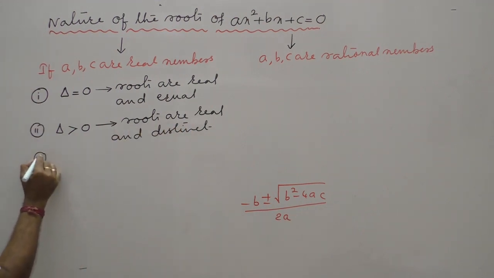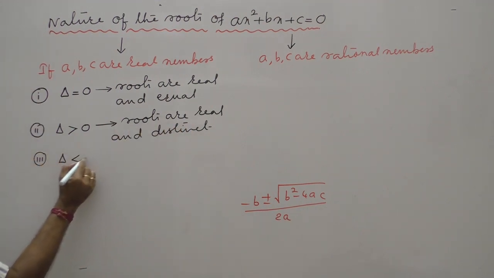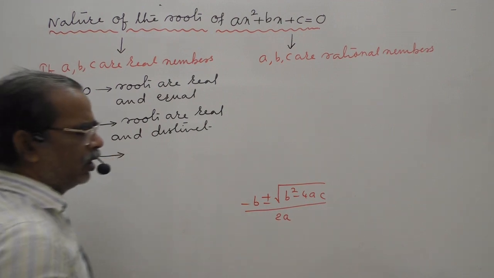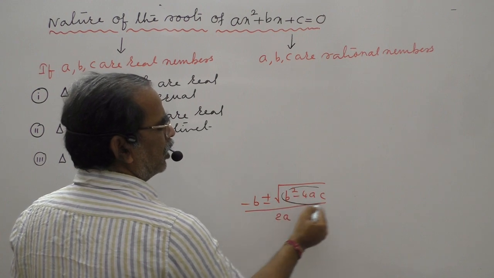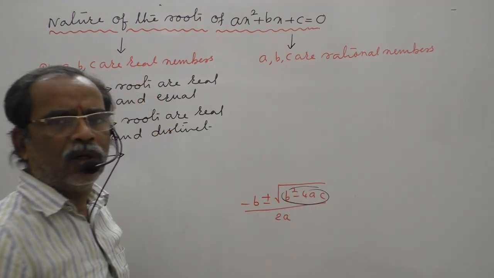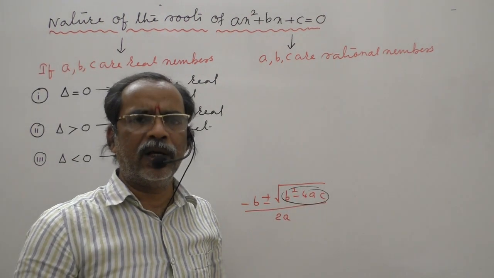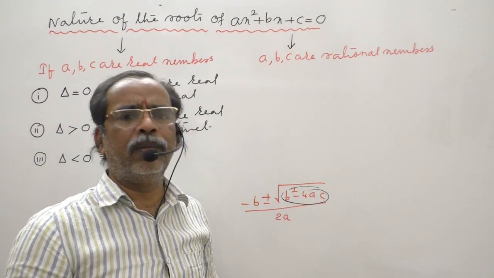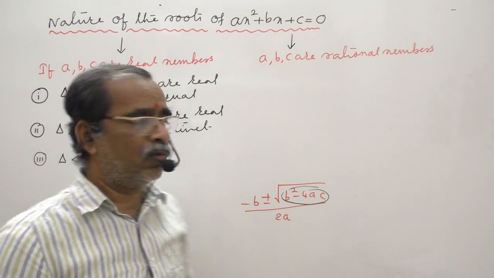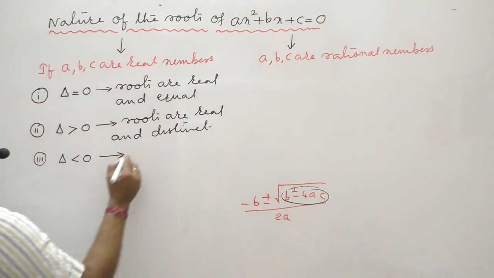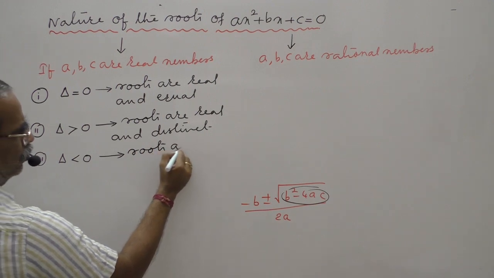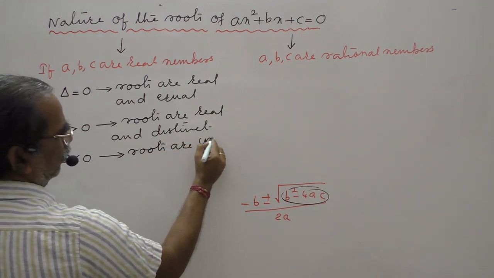Next, number 3. If the discriminant is less than 0, this value is a negative number. Negative numbers under the root mean imaginary. What are imaginary numbers? Further they become complex numbers. So if delta is less than 0, then the roots are imaginary.